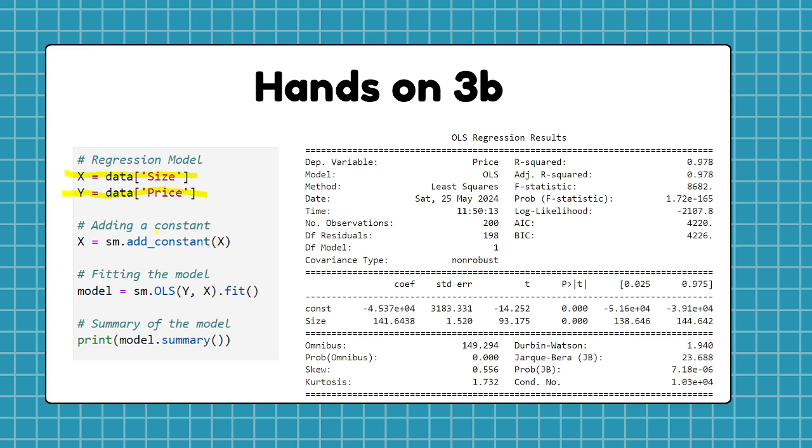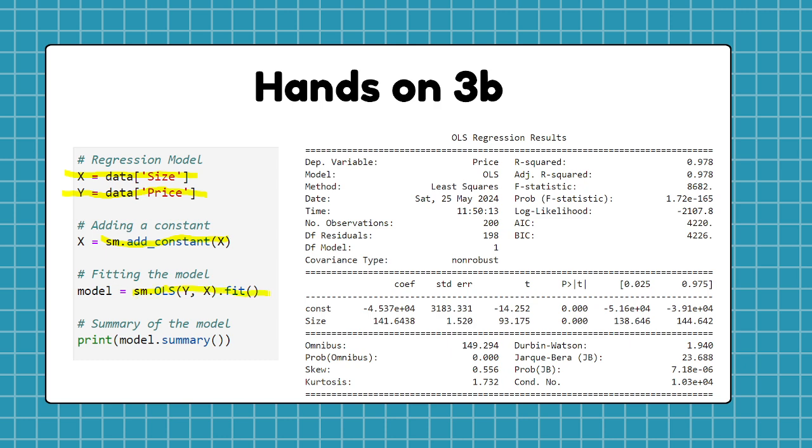Then there is a constant, because in the regression there is a coefficient. You need to add the constant using this part. Then we need to fit the data to the regression model.